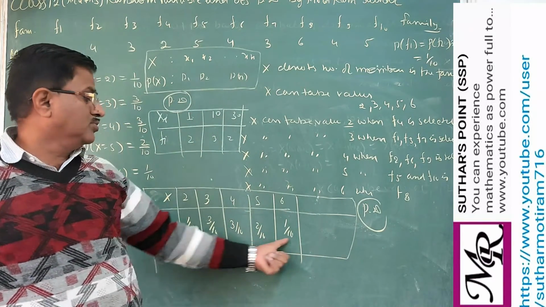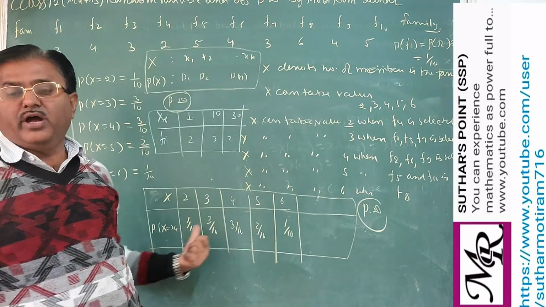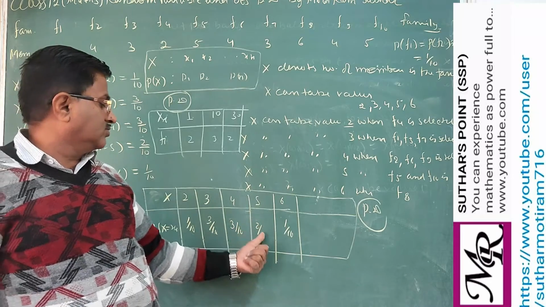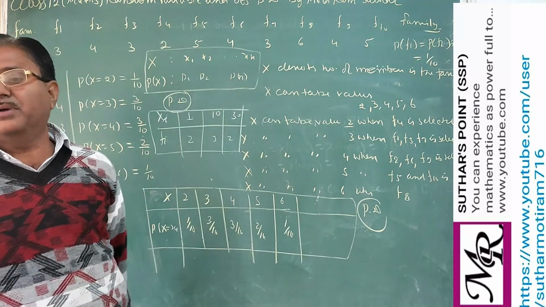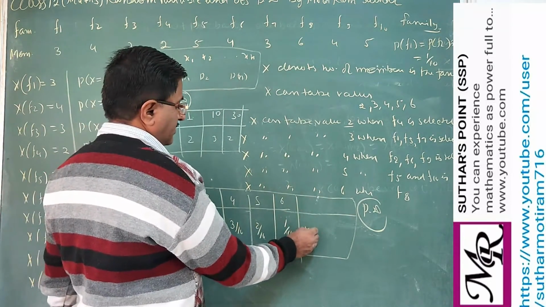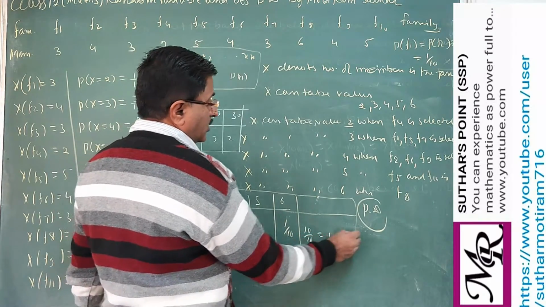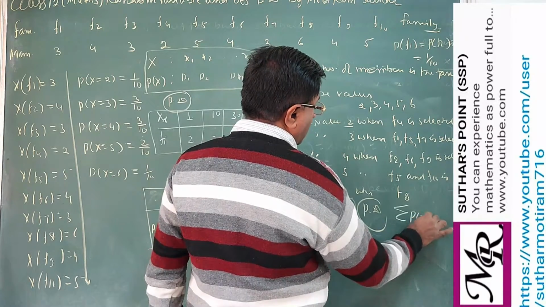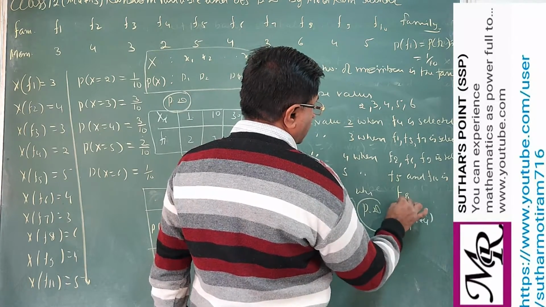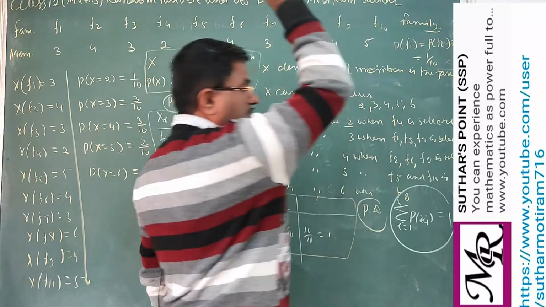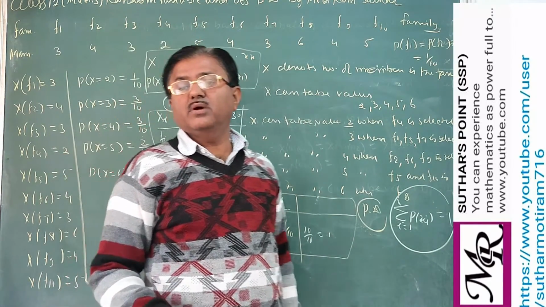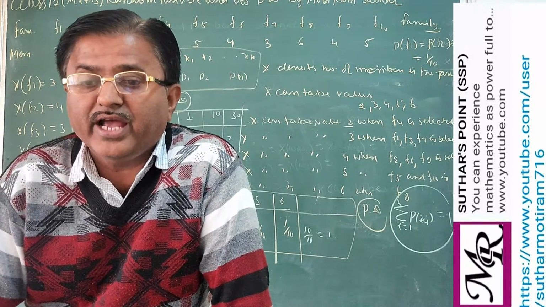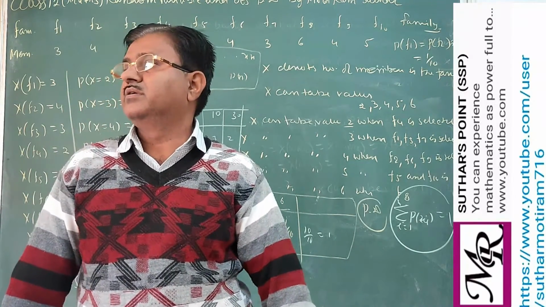But when we take the sum of the probabilities, you add 1 by 10 plus 3 by 10 plus 3 by 10 plus 2 by 10 plus 1 by 10, that is 10 by 10, which is 1. Very interesting. So the sum of the probabilities of an experiment is always equal to 1.